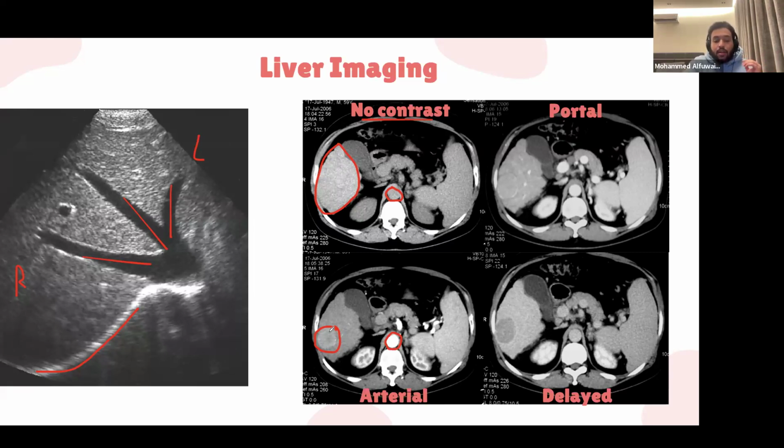So this is a mass. The important thing is, how does this mass enhance? Is it all enhancing, which is in this case, yes, or is there enhancement from the periphery to the center? In this case, it's all enhancing at once, okay? We'll get to the other example later, which is diagnostic for another type of tumor, okay?